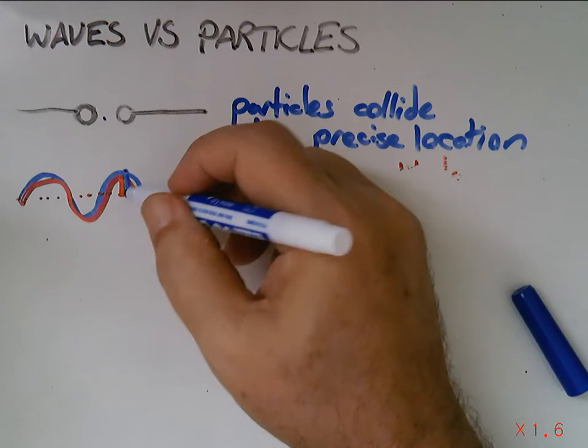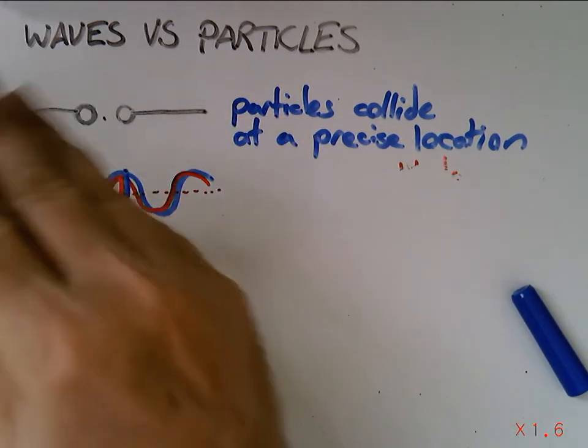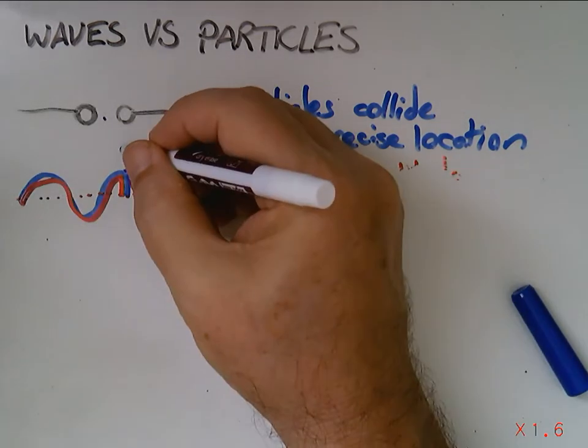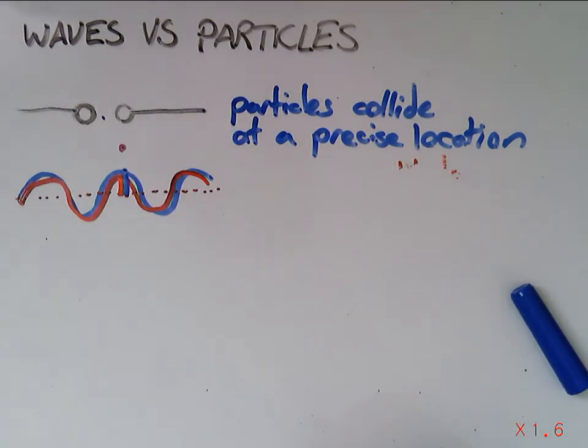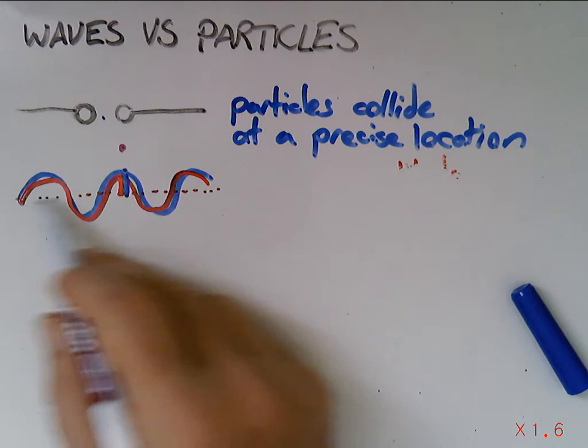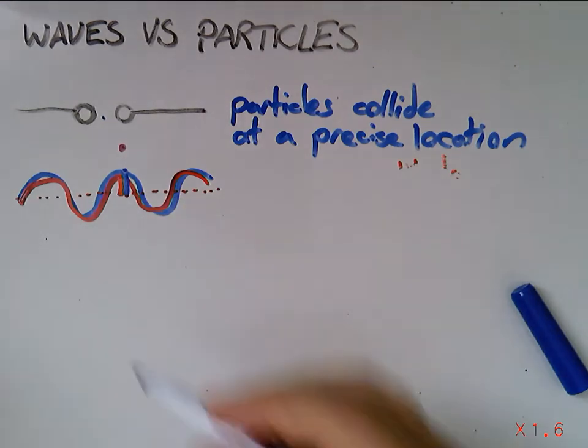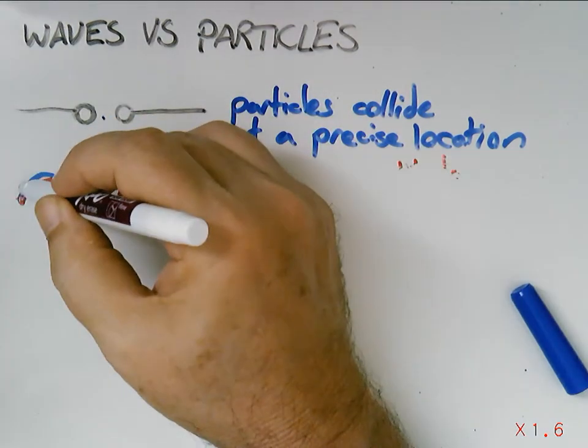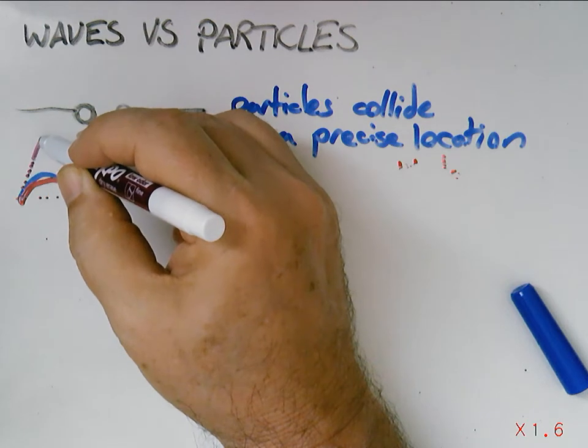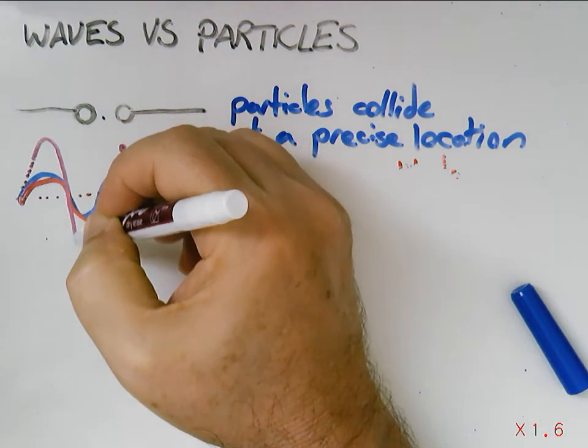And if I add this to this, I'm going to get a resultant wave with an amplitude up there. And if I go for all the points along where they're moving into the same region of space, I'm going to see that what I get is a resultant wave that looks like this.